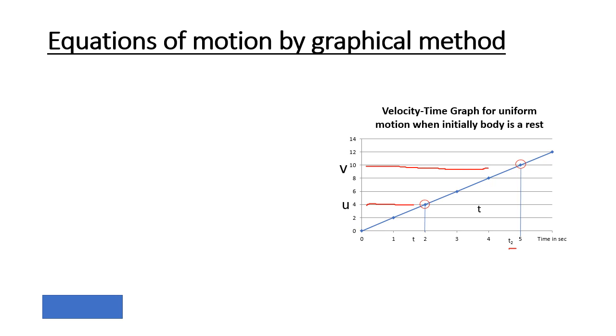So at time t1 the initial velocity is u, at time t2 the final velocity is v. So what is the time t? T is actually taken as t2 minus t1, and you can see this height. How much is this height? V minus u.